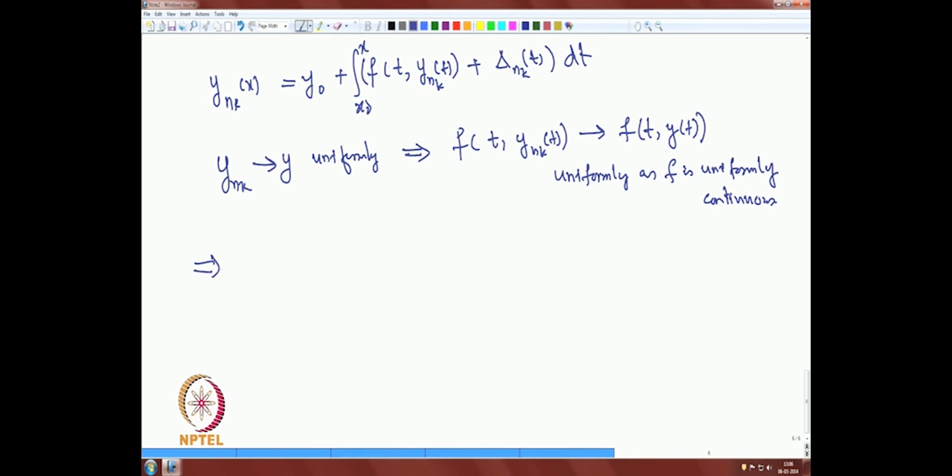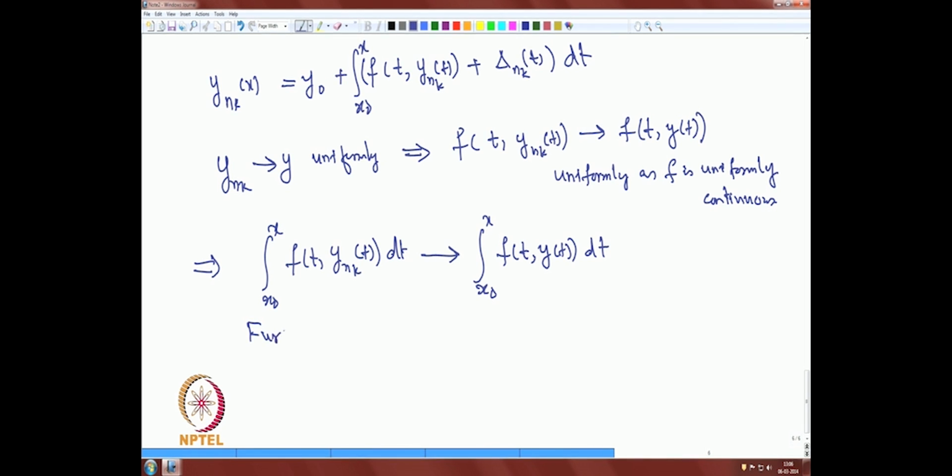So, this implies that the integral from x0 to x of f(t, ynk(t)) dt converges to the integral from x0 to x of f(t, y(t)) dt.